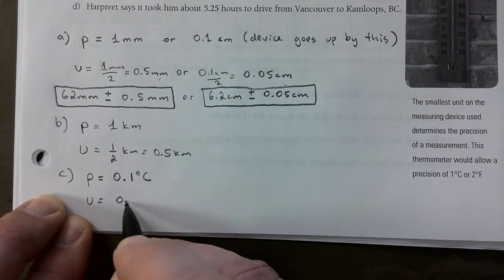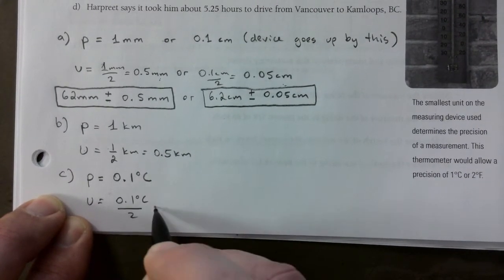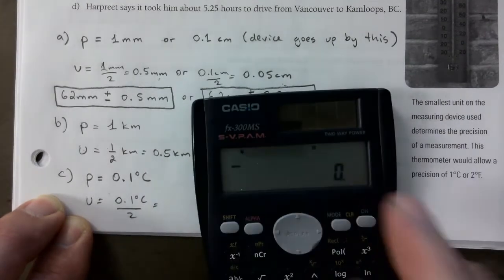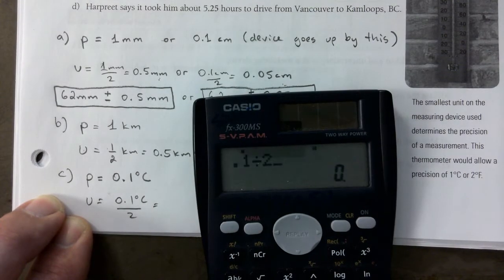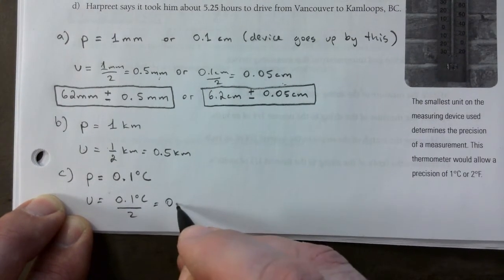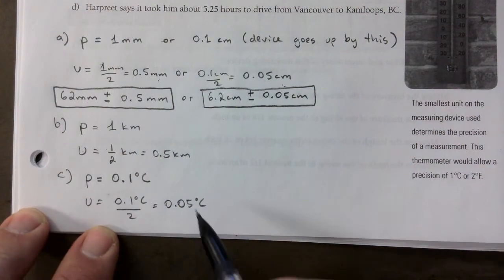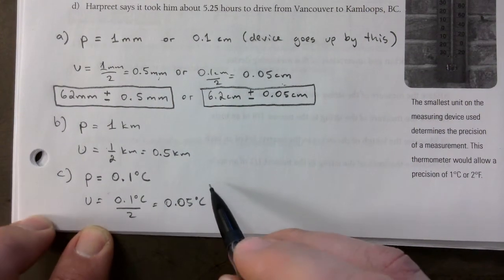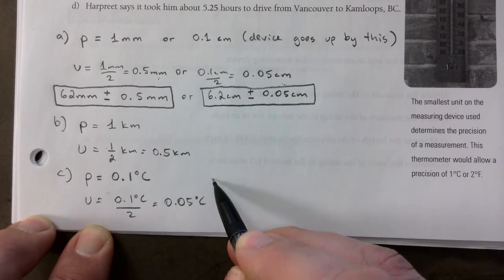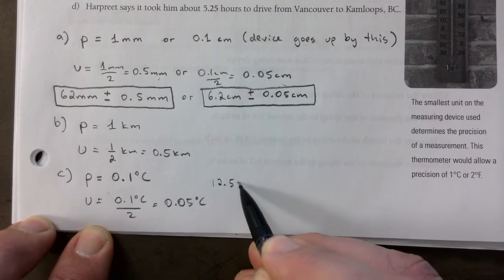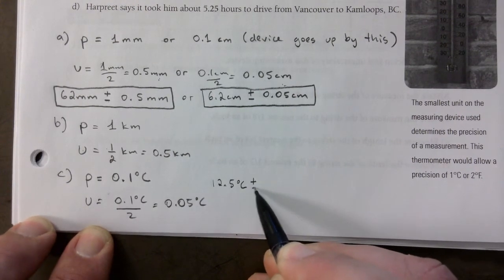Uncertainty, therefore, is 0.1 degrees Celsius divided by 2. And if you're not sure, don't guess. Use your calculator. But it's 0.05 degrees Celsius. And I'm going to state my measurement. 12.5 degrees Celsius plus or minus.